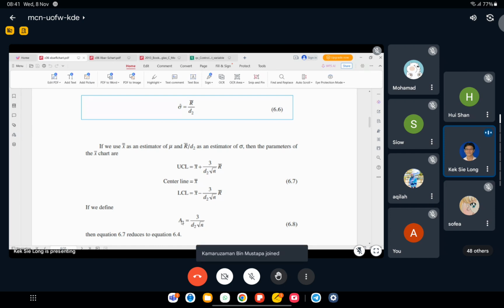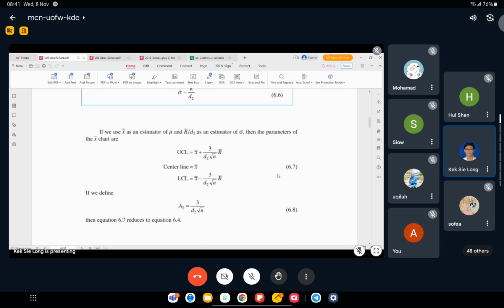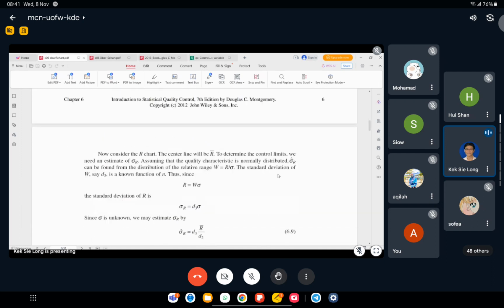It depends, but for your information, big A2 and small D2 are given in the table. But just in case D2 is given and table 6 is not given, then you know how to calculate A2. And the same thing for the range.